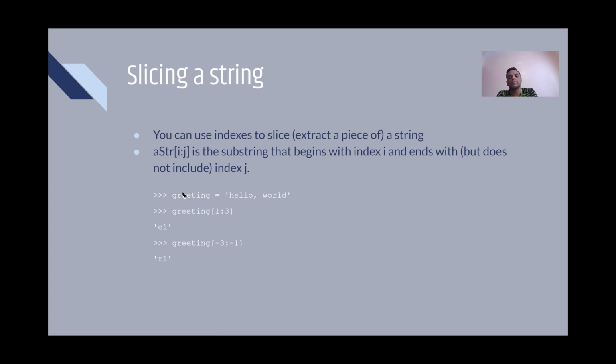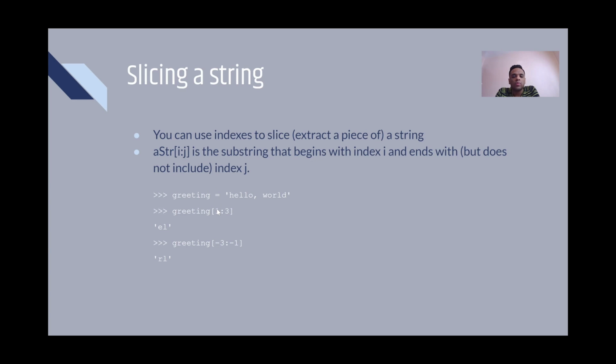Python's going to say, oh okay, I see the variable greeting. It is assigned to a string, and we're throwing a slice in here. So square bracket, and remember slicing is with the colon. You need to have the colon to call it slicing. If you do not have that colon, it will be known as indexing.